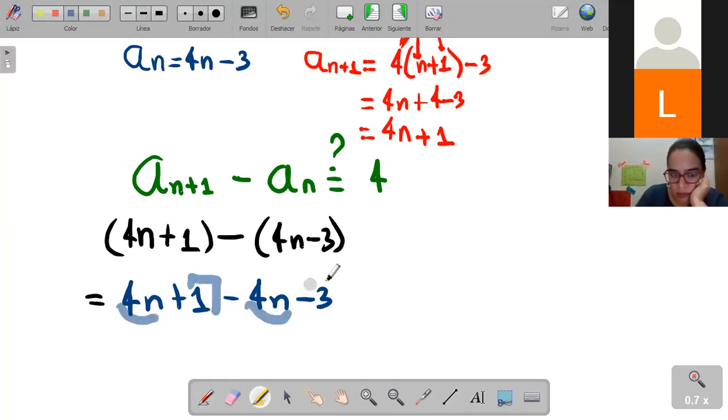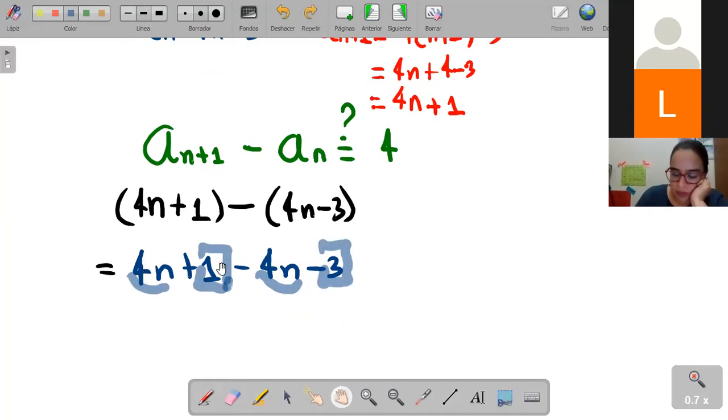We have to operate them, understanding that the operation depends on the numbers they work with. Question: what is 4n minus 4n? Essentially that's what you have to join, 4n and negative 4n. It is 0n.